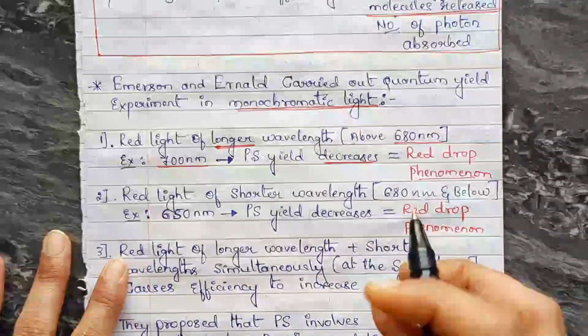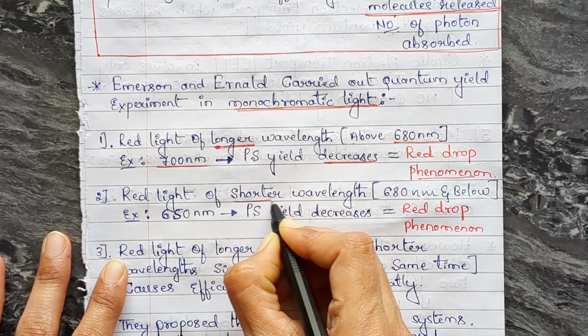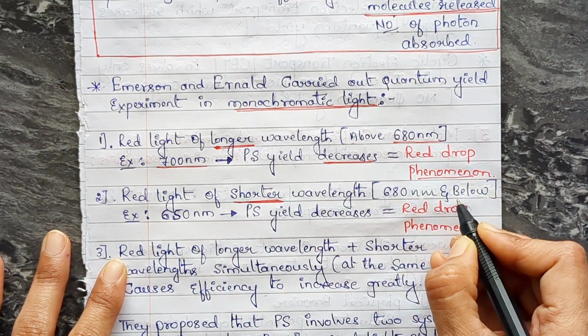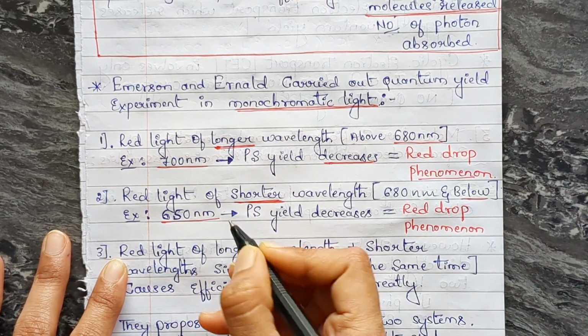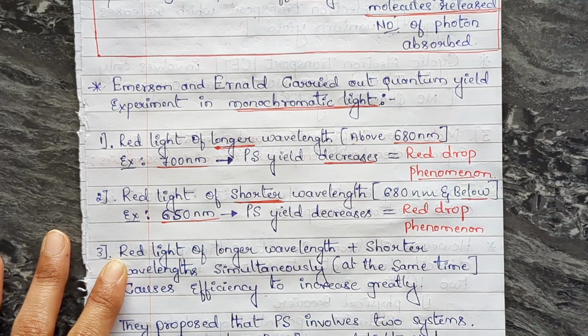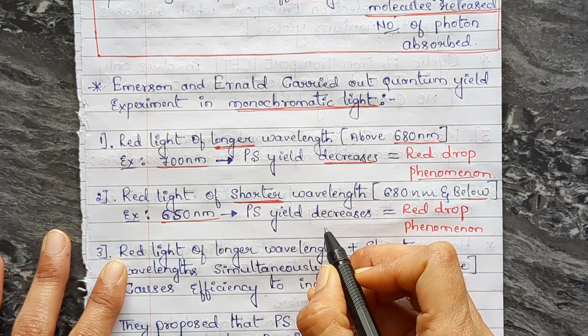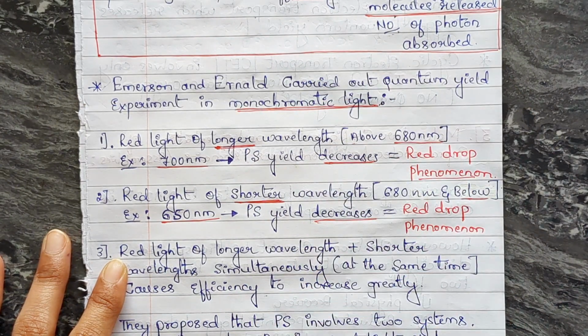In this set of experiments, they again used red light, but this time they used the shorter wavelength, that is about 680 nanometer or below 680 nanometer. They took around 650 nanometer red light, which is of a shorter wavelength. That time they observed the photosynthetic yield, and that time also the photosynthetic yield decreased.